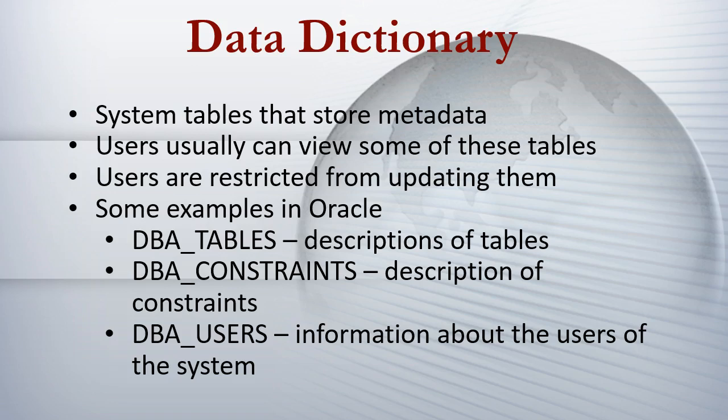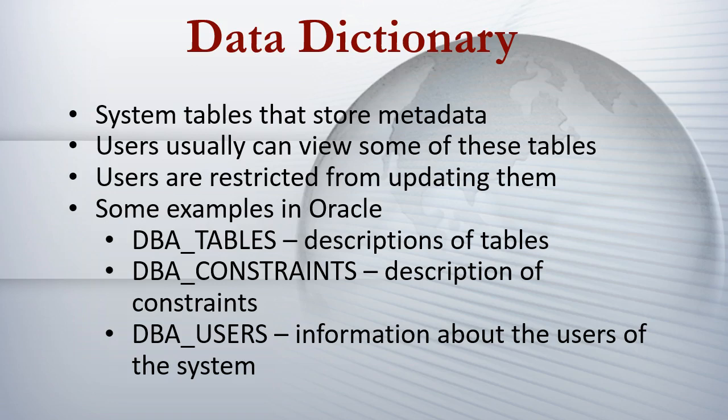The data dictionary stores metadata about the database, and of course, metadata is data about data. That gives you information about the structure and the tables. All the details that are available about that database are going to be accessible in the data dictionary.